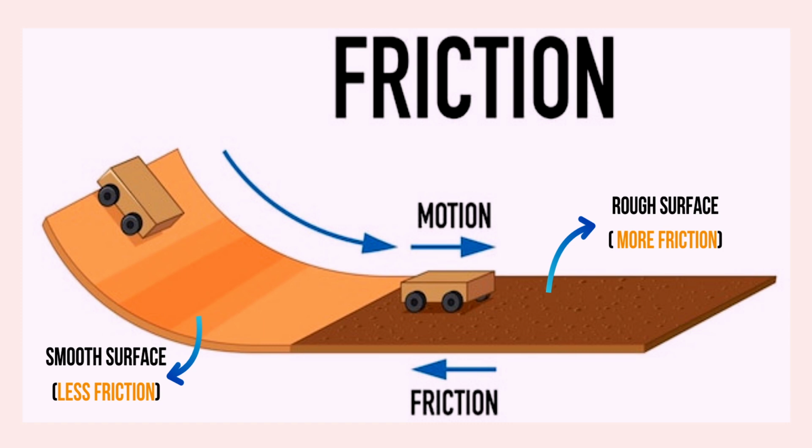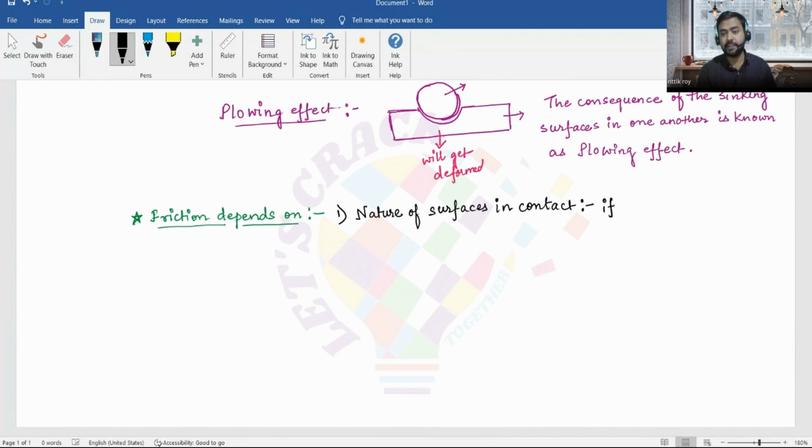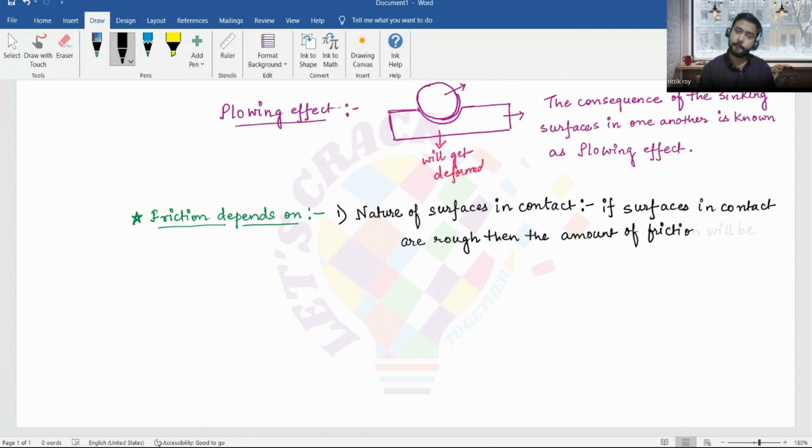So if the surfaces in contact are rough, then the amount of friction will be more.